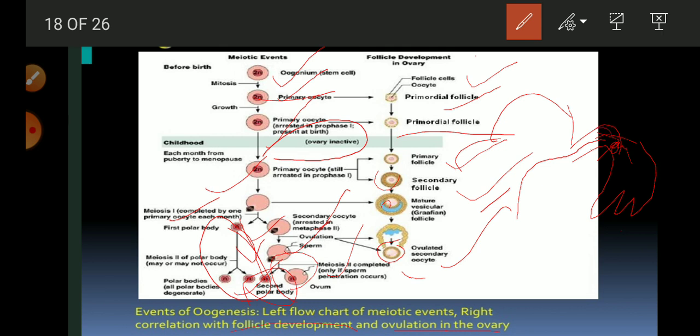Now this fertilized egg will move on and implant in the uterus. So this process is called ovulation.